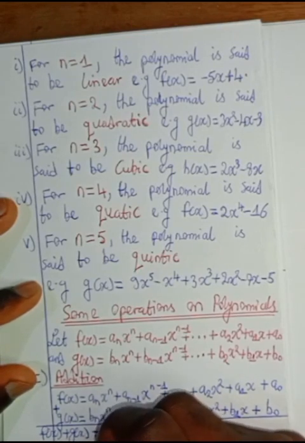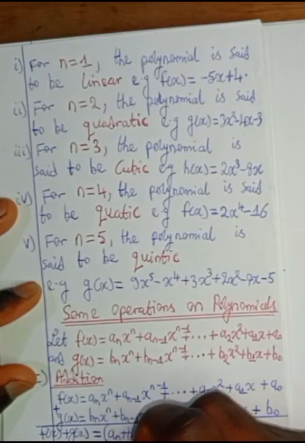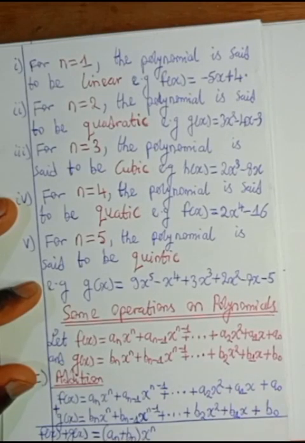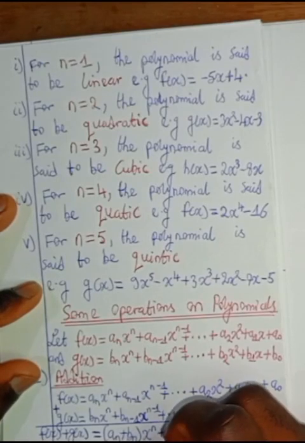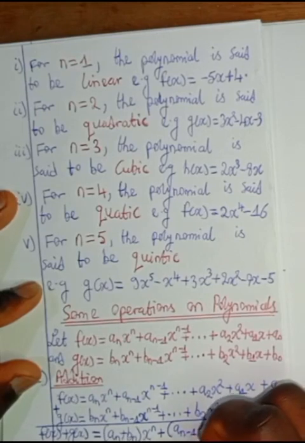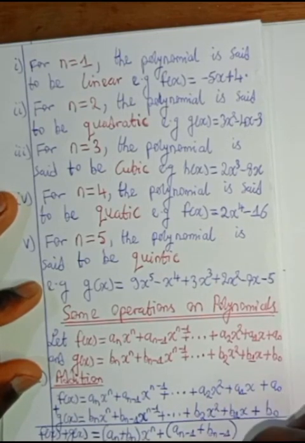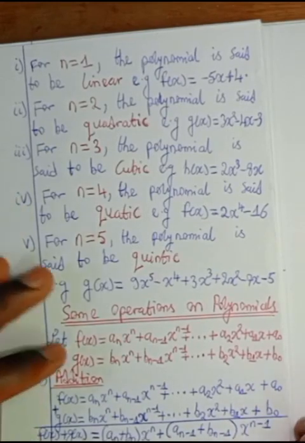Simply means we are going to take a subscript n plus b subscript n to be multiplied by x raised to the power n. Plus, next we are going to take a subscript n minus 1 plus b subscript n minus 1, then we multiply by x raised to the power n minus 1.